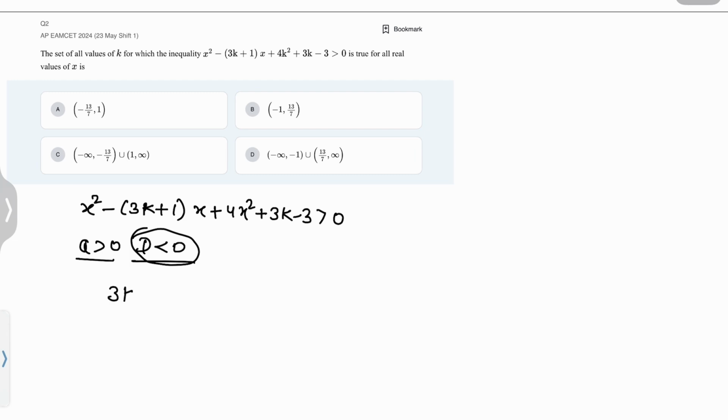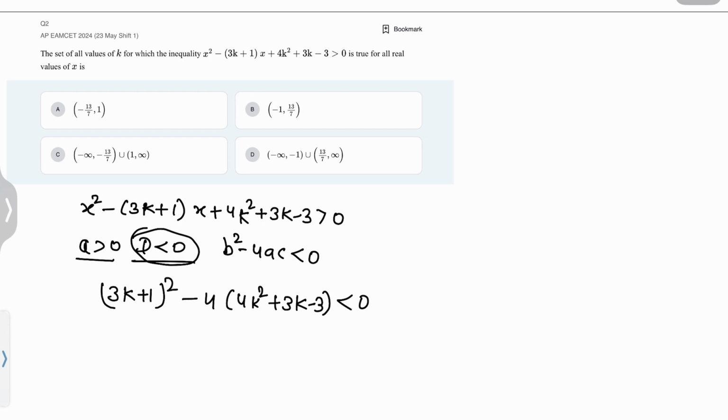Apply that condition. With 3k plus 1, D is b square minus 4ac, which is less than 0. So 4 times 4k, sorry, that's k, not x, and then k plus 3k minus 3 less than 0, and calculate then.